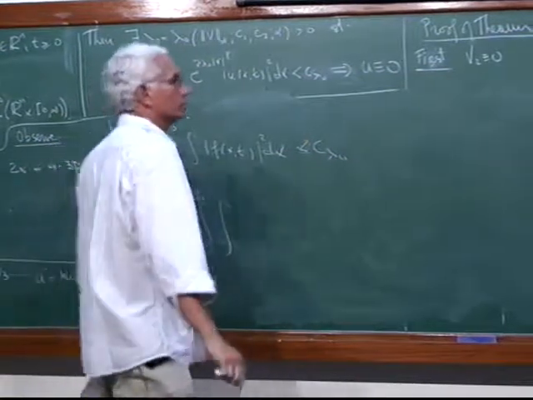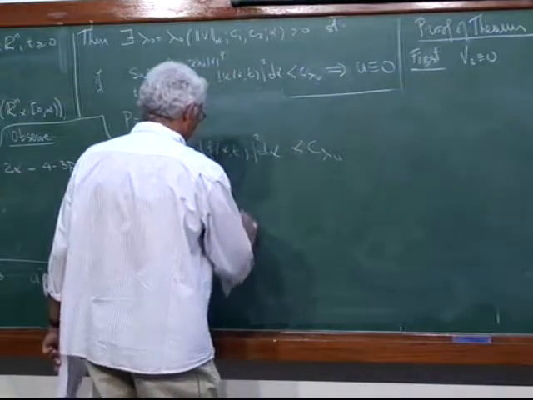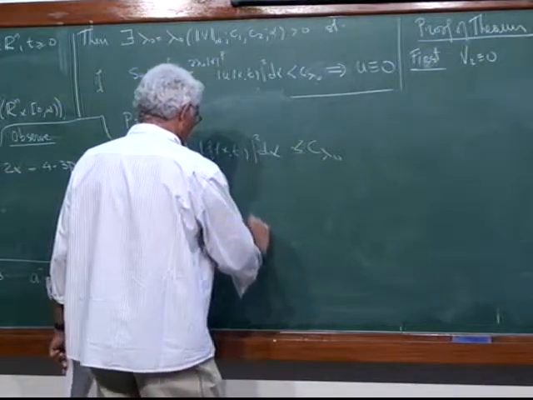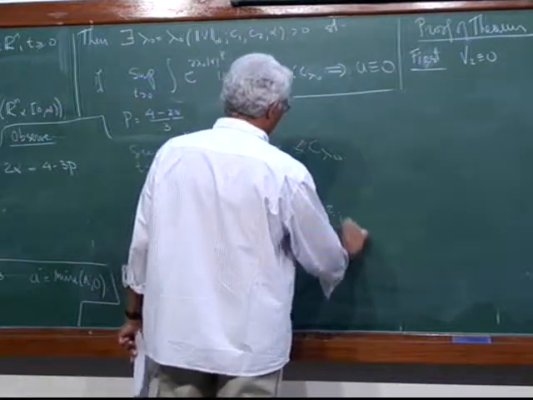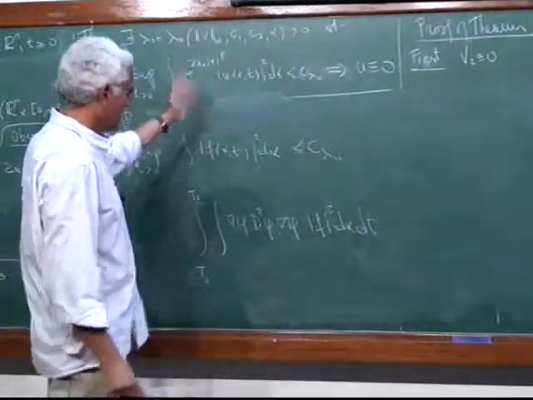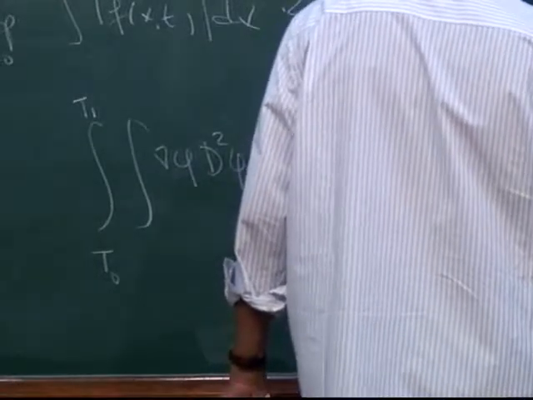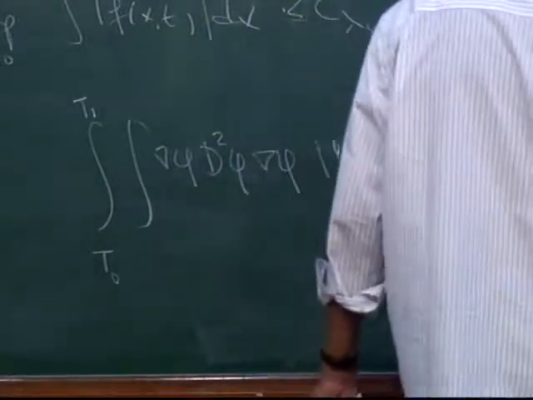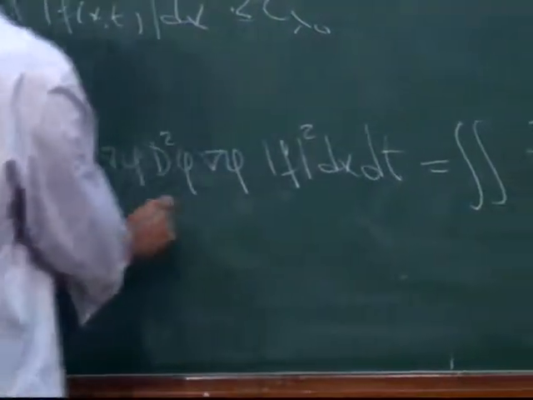T0, T1, F, and since you only care what happened at infinity because you are in L2, F is like this. What is this?